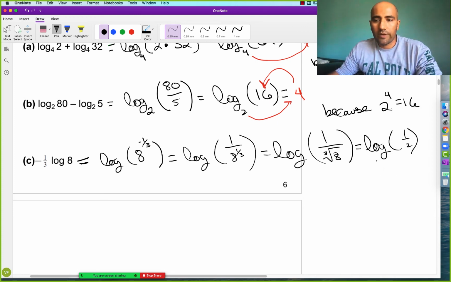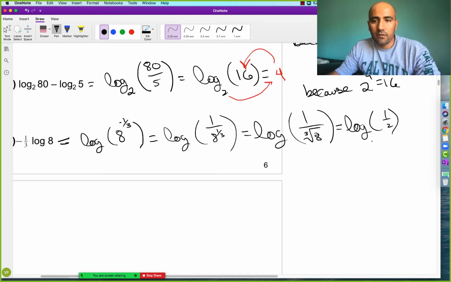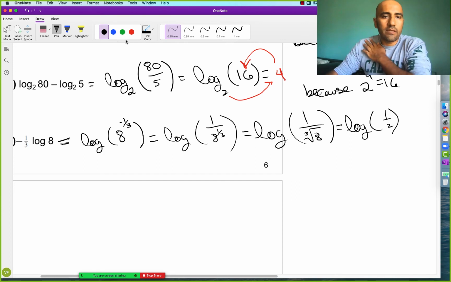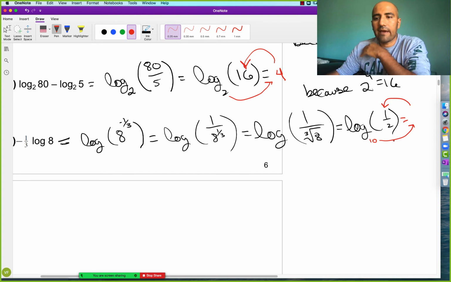Okay, so even though I don't really know the answer, I know at least what it's asking me. By default, if there's nothing written here, that means there's a little 10. And whatever this answer is, 10 to that power must be equal to 1/2. 10 to what power equals 1/2? That's what they're asking us.